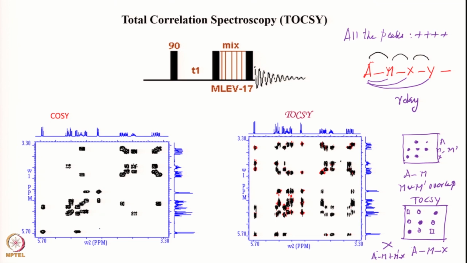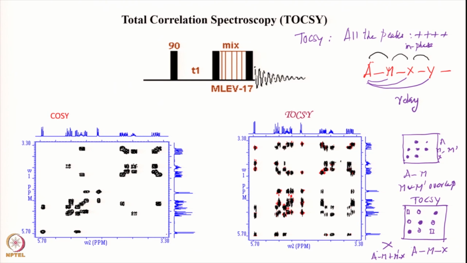So this is called all in-phase character in the TOCSY, that is plus plus plus plus or minus minus minus minus, whatever you want to call it, but there is no plus minus plus minus. Therefore there will be no cancellation of intensities, and that is an important factor which is extremely useful because there is no loss of intensity.